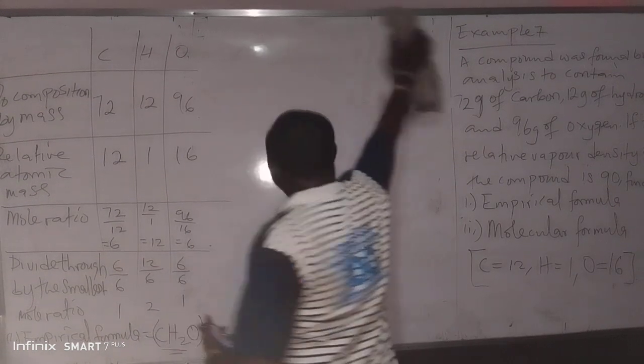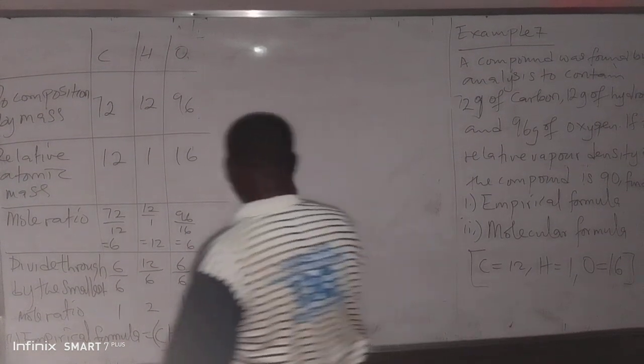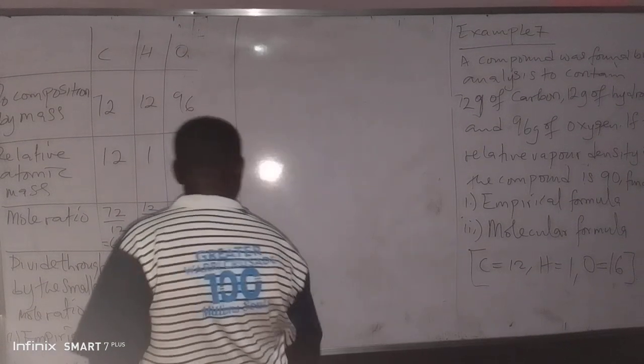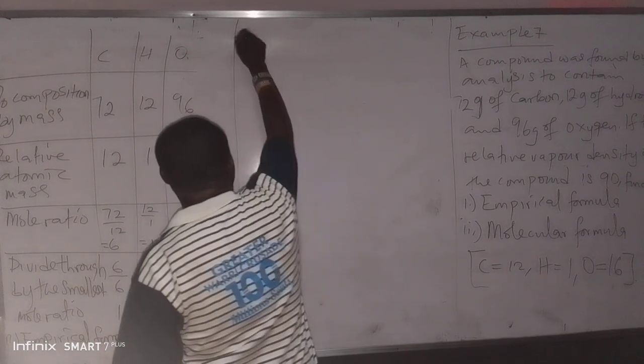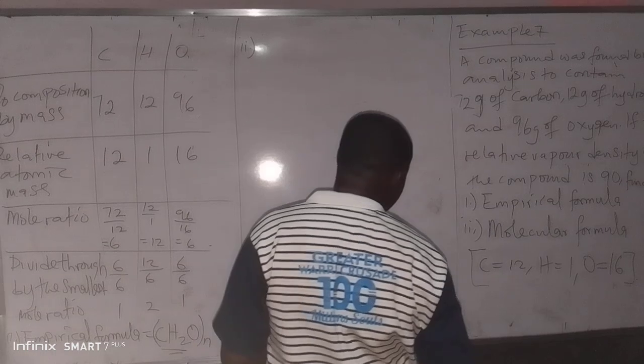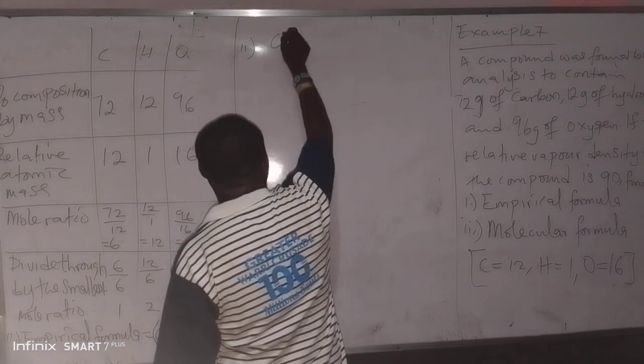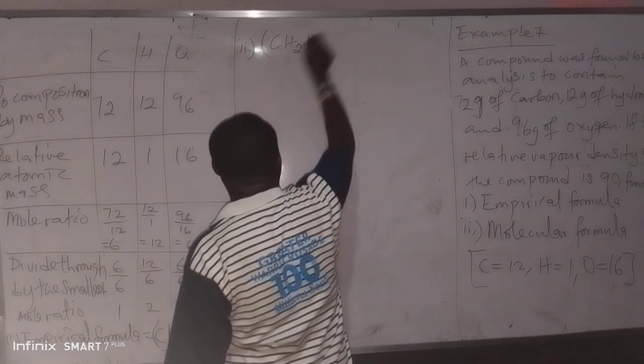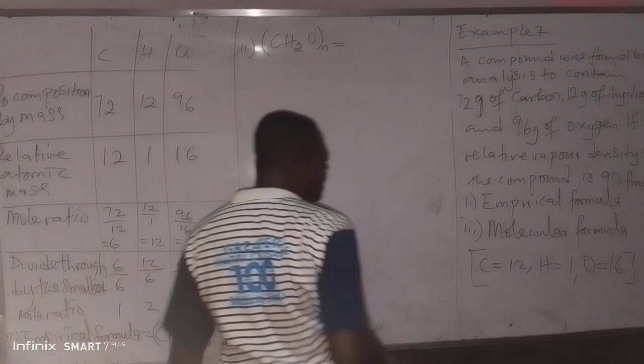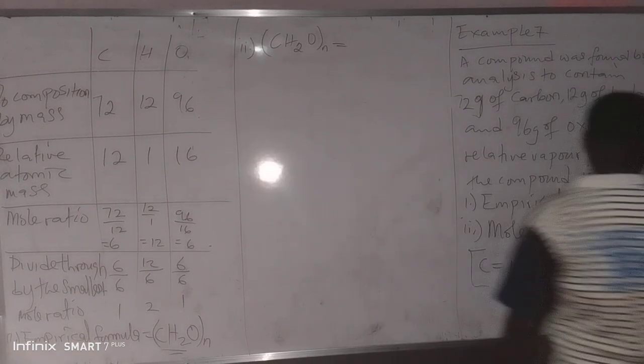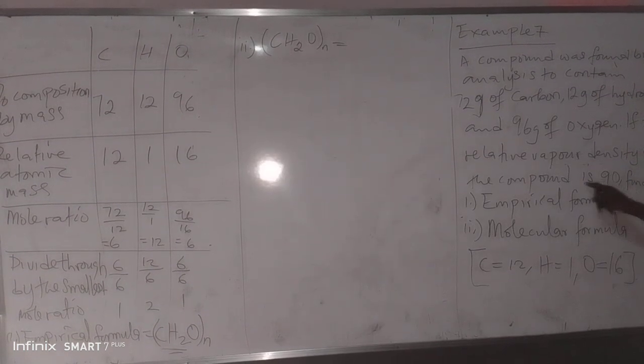Now, number 2. They say to find the molecular formula. We start with our empirical formula CH2O. But here they gave us the relative vapor density, not the relative molecular mass.